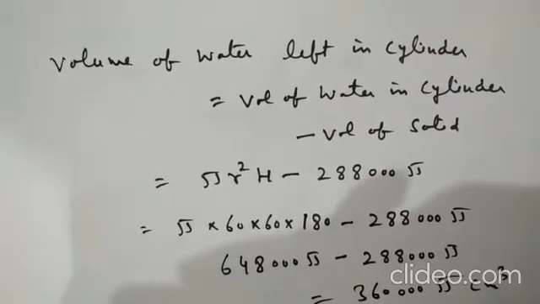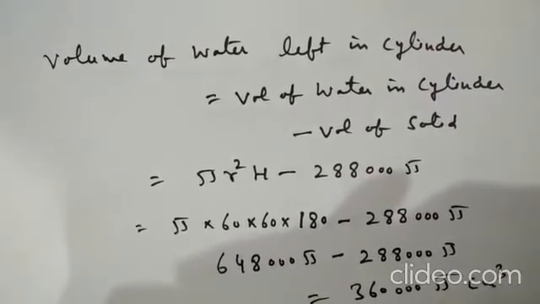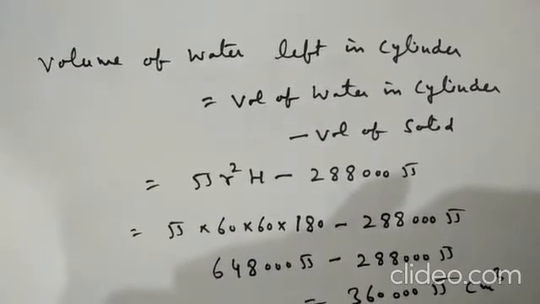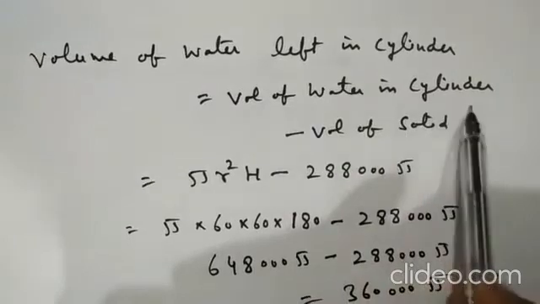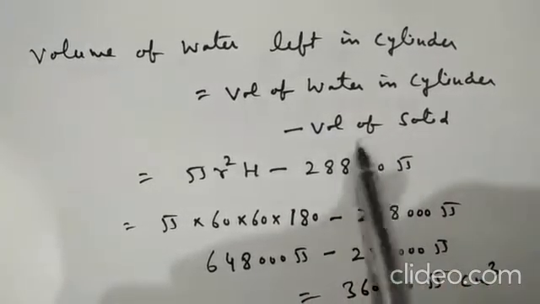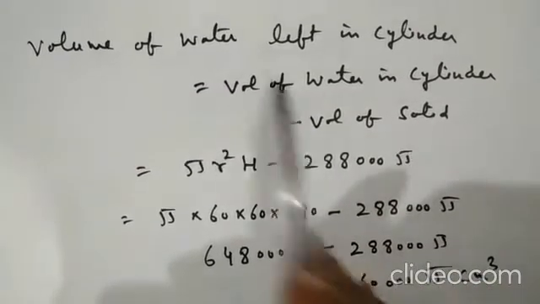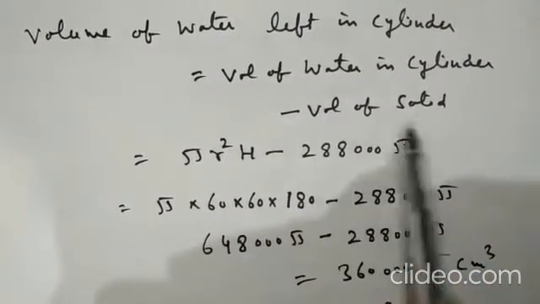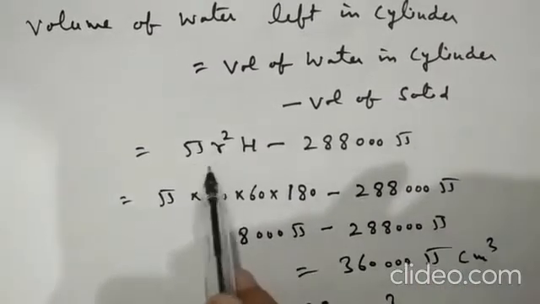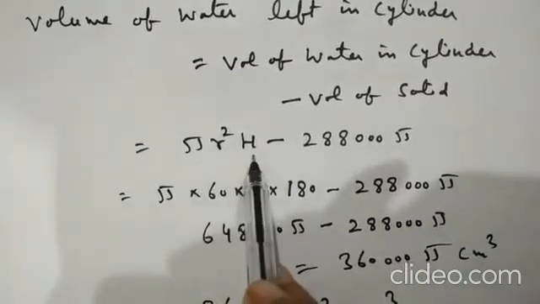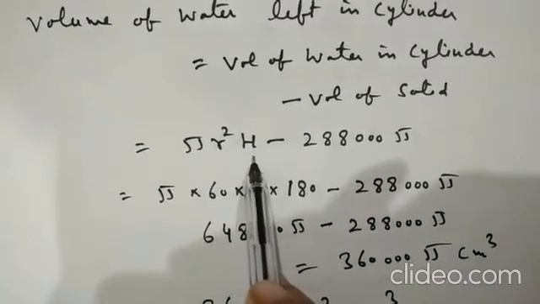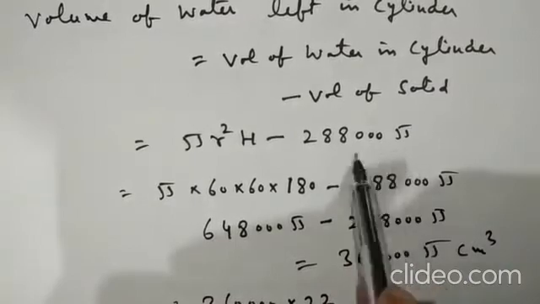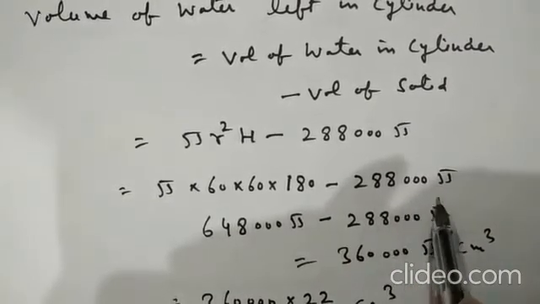Now when the solid is put in the cylinder, how much volume of water is left in the cylinder? That will be equal to the volume of water in the cylinder minus the volume of the solid. So the volume of water in the cylinder is pi r square H, capital H for the height of the cylinder, that is 180, and the volume of the solid we have already found out, 288,000 pi.